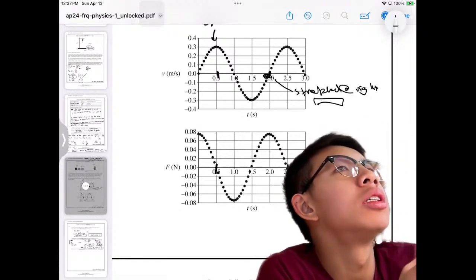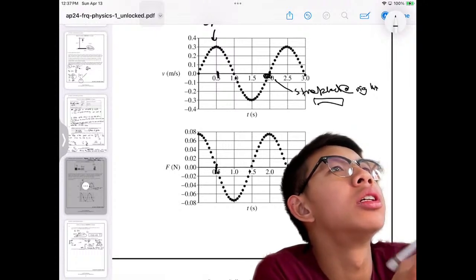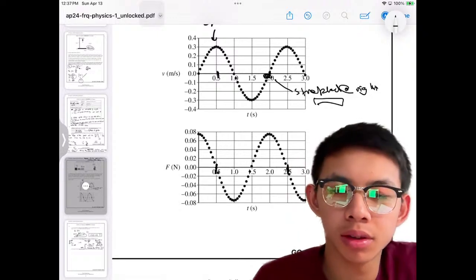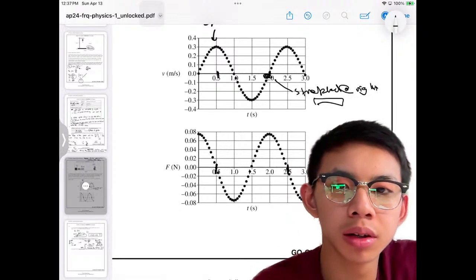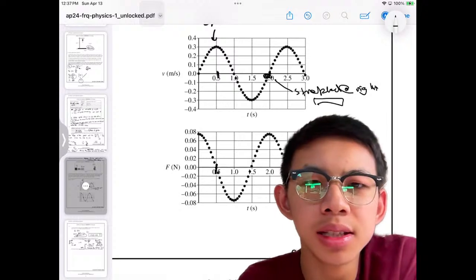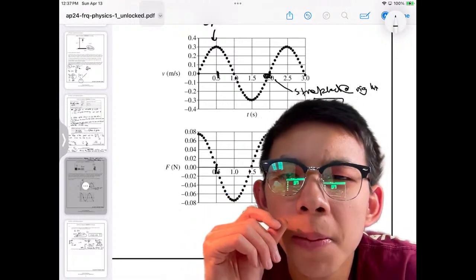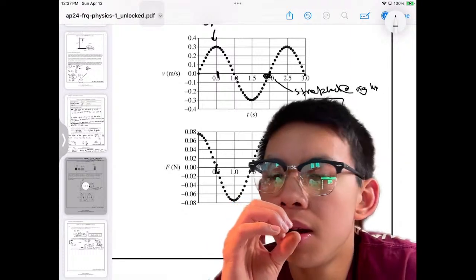Yes, because kinetic energy is related to force.